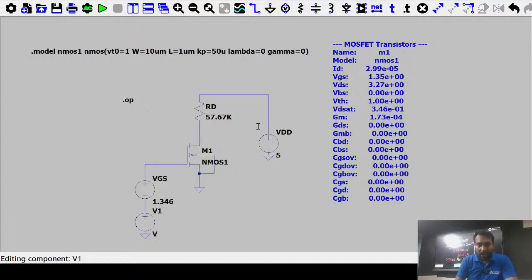For that sinusoidal signal, I am giving the amplitude as 10 millivolt. I want 10 millivolt variation on that 1.346, and that frequency is 5k. Let it be 5k or 1k, it's up to you. I am just assuming 5k, that will be easy for understanding.